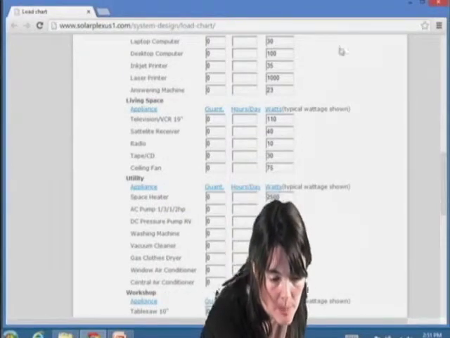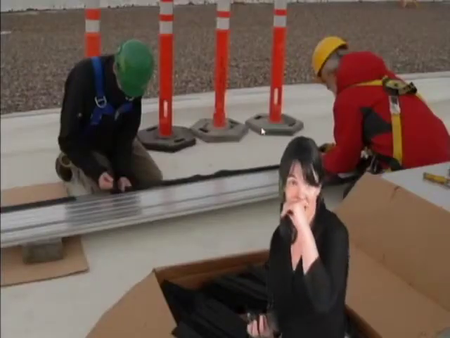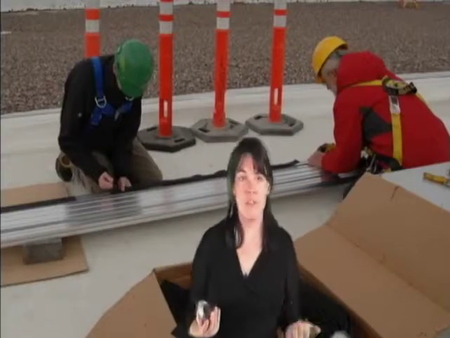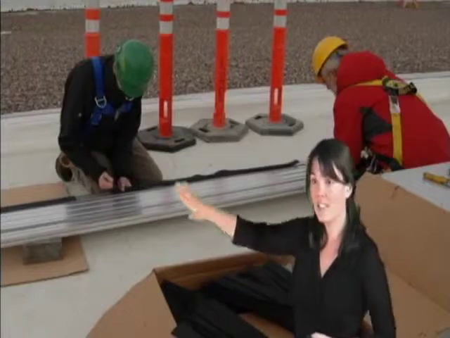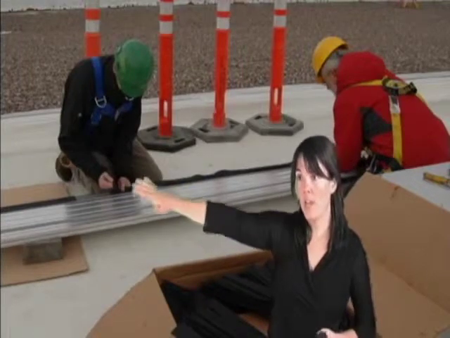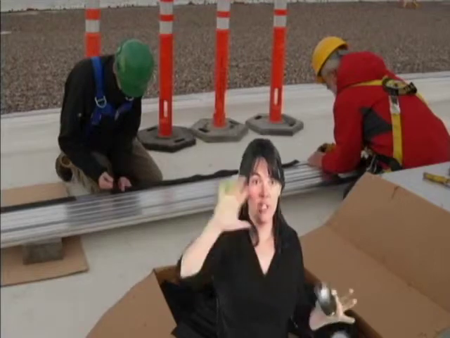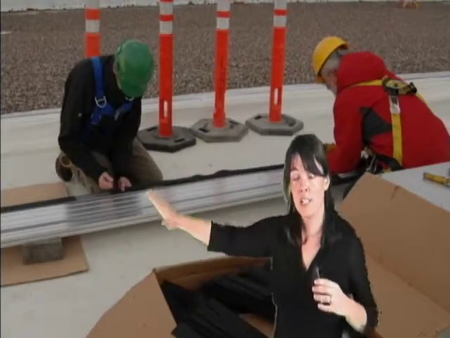Okay, so I'm going to pop out of this really quickly, and I'm just going to show you some pictures of a solar installation that we do. So let's say it's time to install. This is a solar installation from a high school in Missoula. They actually had a group of students in a special class that was developed just for the purpose of helping install.